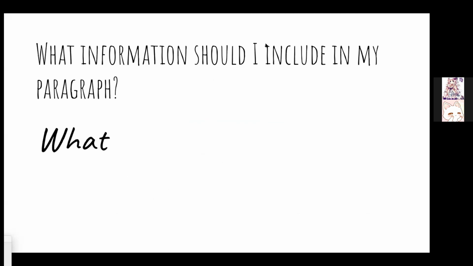What is my topic about? Or what is my topic? Another question word is why. Why does this happen? And then another one is how. How does this happen? So using the question words what, why, and how, you can answer these questions and then come up with good facts and good details to include in your paragraph.